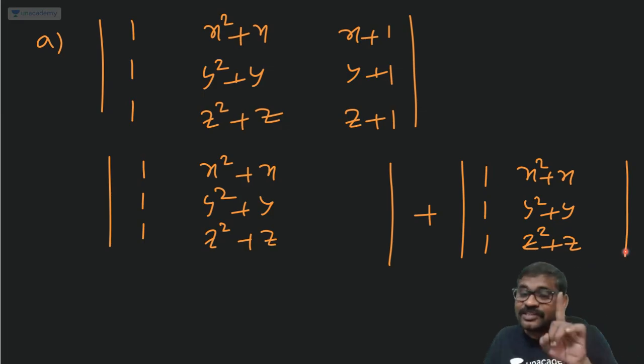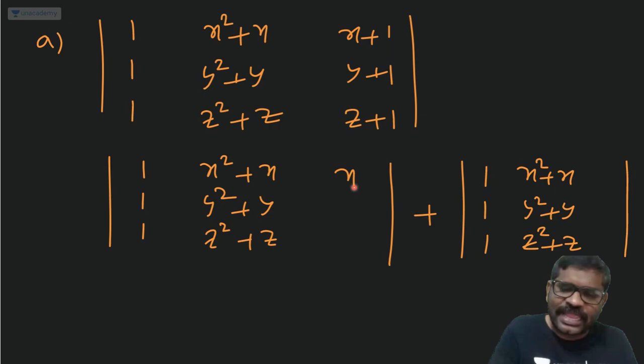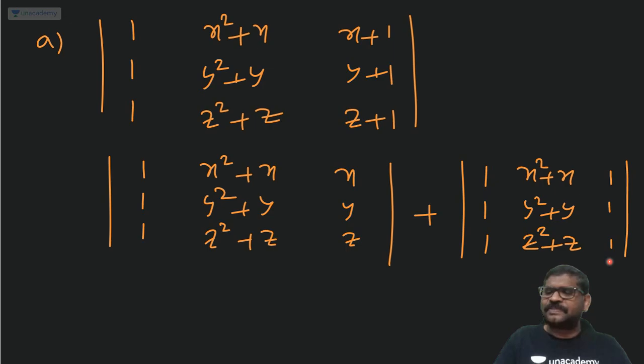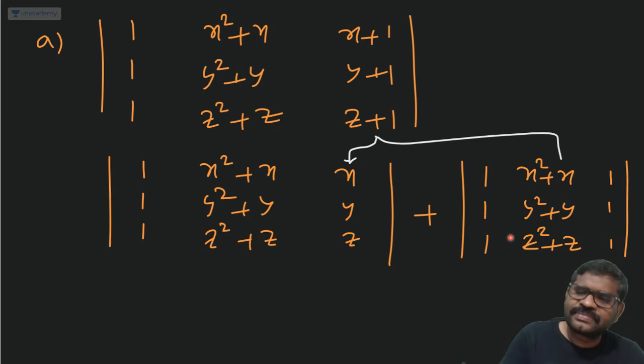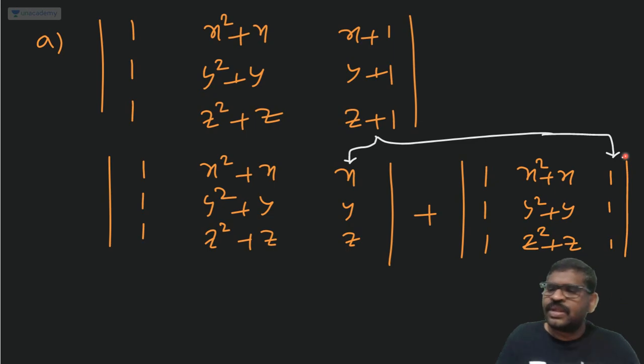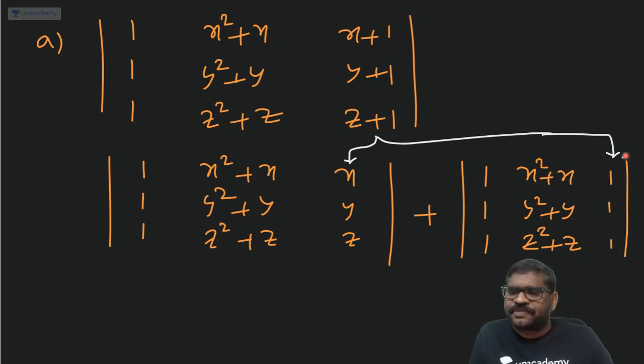Now split the third column into two parts like this: x y z and 1 1 1. It is a property.